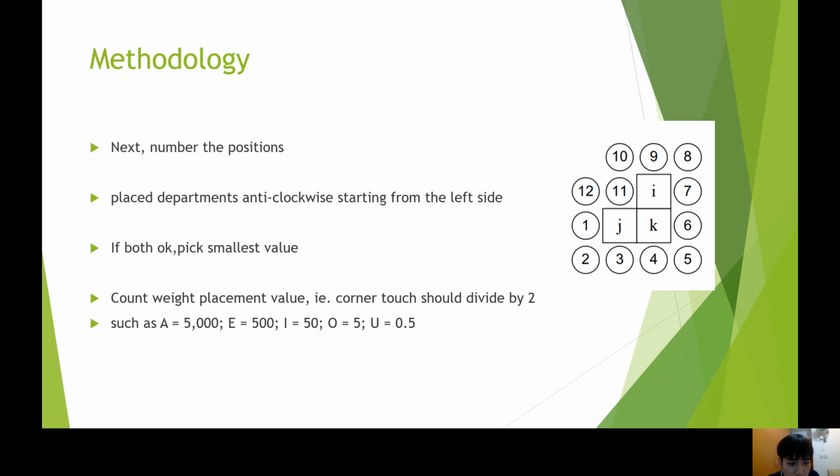In this case, we should calculate the weighted placement value, in which corner touch is divided by 2 and face-to-face touch is equal to the full value, which is 1.